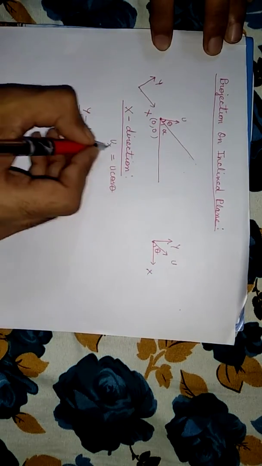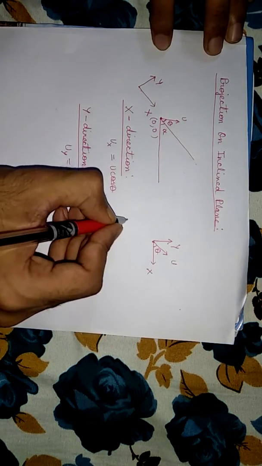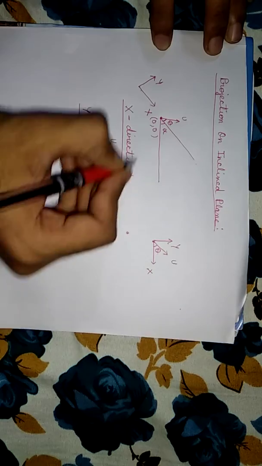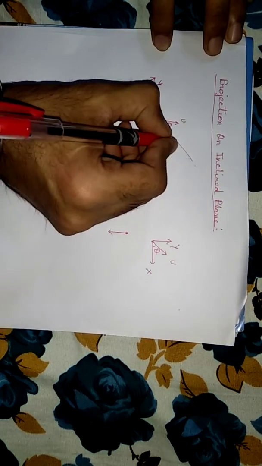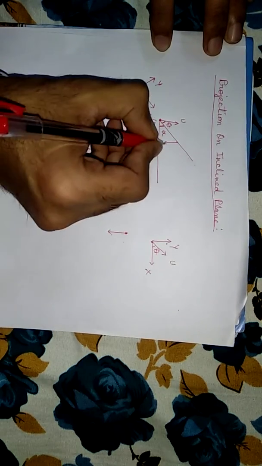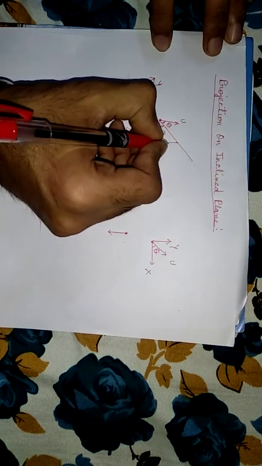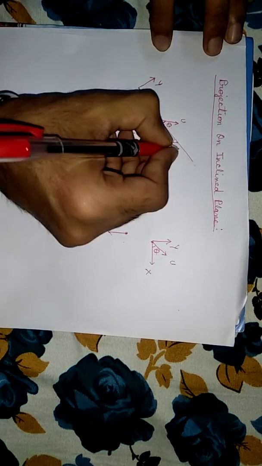Now similarly I will resolve the acceleration into two components. We all know that gravity acts vertically downwards. Now if this angle is alpha and this angle is 90, then this angle is 90 minus alpha.